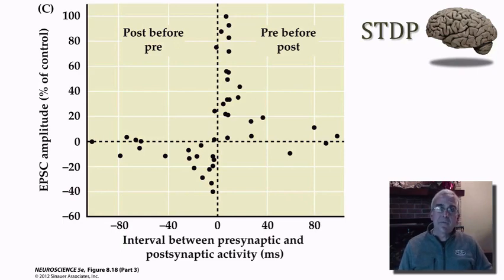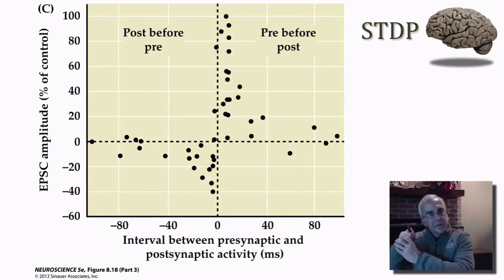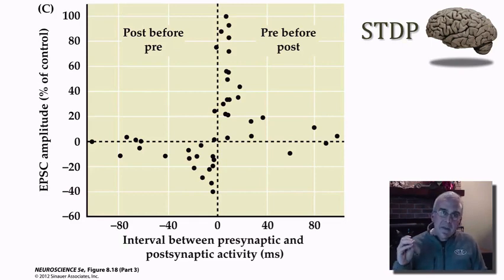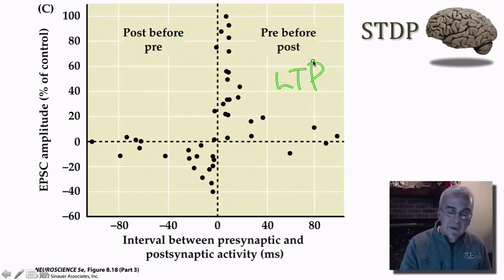And baseball involves a pitcher throwing a ball at a batter that has a wooden or a metal bat, and the batter has to time the swing just right in order to hit that baseball. Well, if the batter begins to swing the bat just at the right moment in time, then he or she might strike the ball and might hit a home run. That's a good thing for the batter. We might consider that to be a metaphor for long-term potentiation.